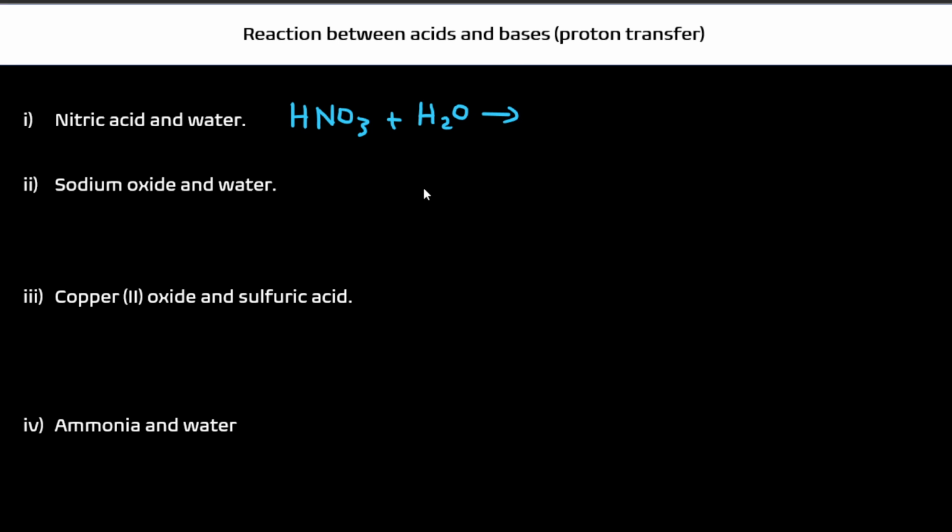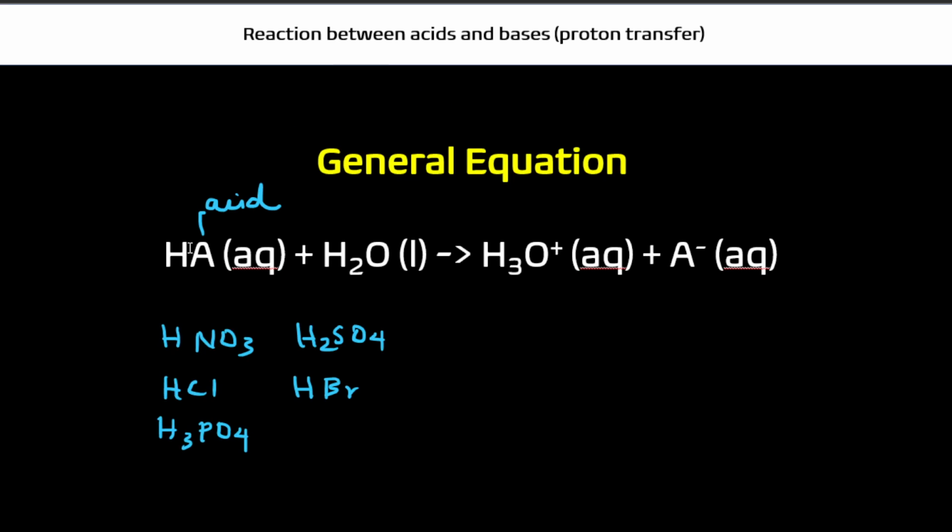If they react, HNO3 is going to donate the H plus ions to H2O in order to form hydronium ions, H3O plus. And since the H plus ions left, nitrate is simply left as NO3 minus, and that is what's meant by the previous A minus.